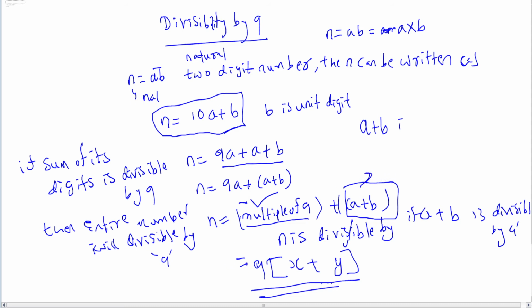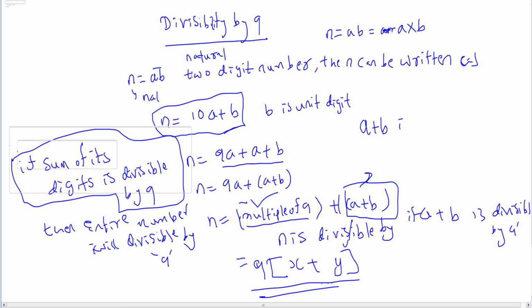Then the entire number is going to be divisible by 9. Therefore, if the sum of its digits is divisible by 9, definitely you can say it's divisible by 9.